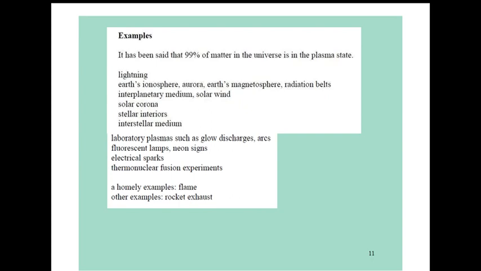Just to complete my points, it has been said that 99% of matter in the universe is in the plasma state. A few examples: lightning, Earth ionosphere, auroras, Earth magnetosphere, radiation belt, interplanetary medium, solar wind, solar corona, stellar interiors, interstellar medium.